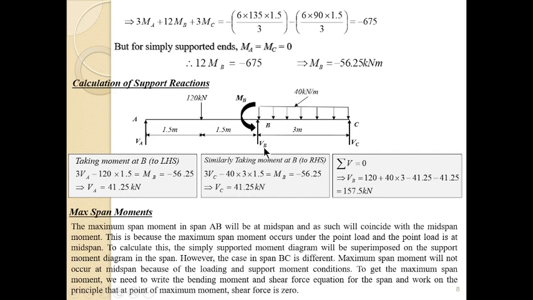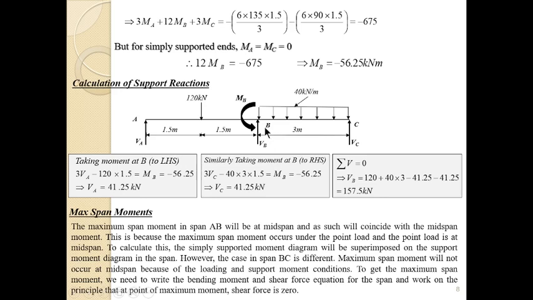For us to find VB, the best thing to do is to use sum of vertical forces. That is, sum of vertical force equal to 0. So add all the vertical forces, which will be VA, which we know to be 41.25, minus 120, plus VB, minus 40 times 3, then plus VC.